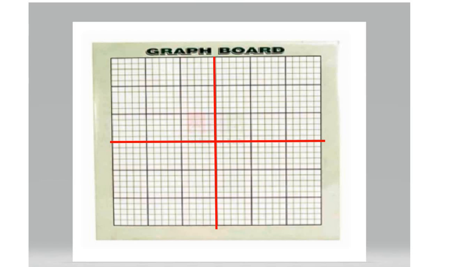So here I have my graph board. Isn't it beautiful? You can see I already have my vertical line and my horizontal line on the graph board. Here is my x-axis, and the vertical is my y.